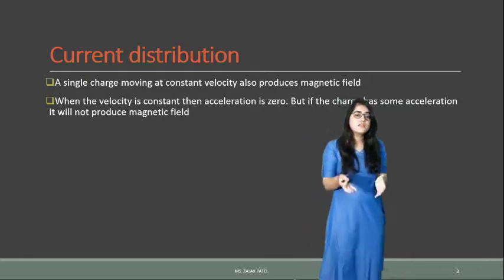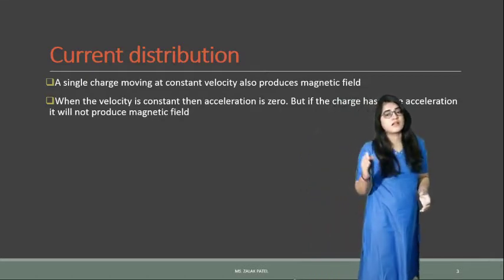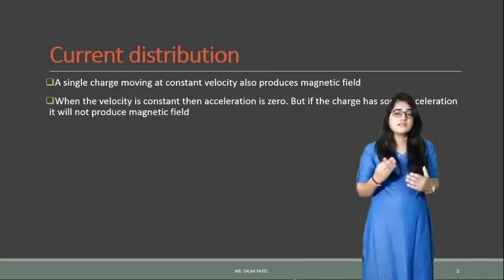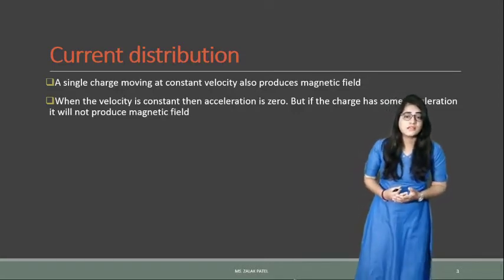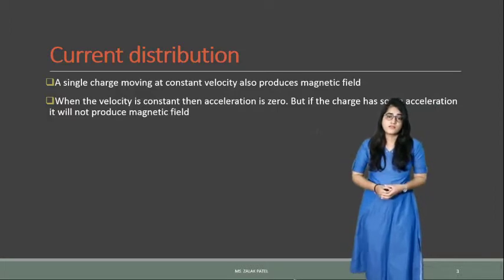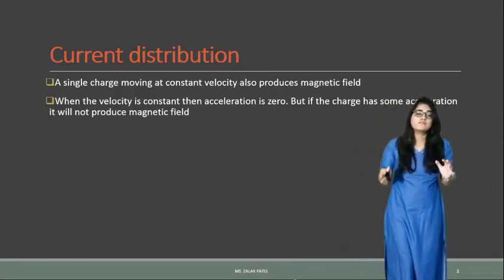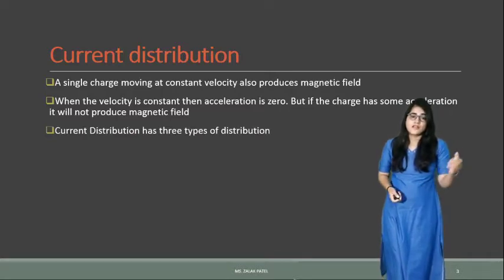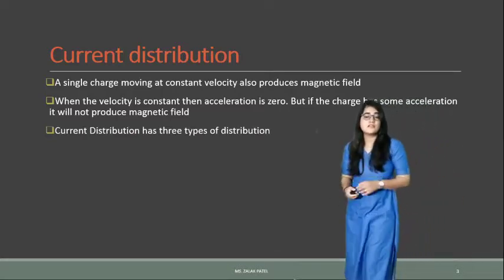If velocity is constant, the change in velocity is zero, so acceleration will become zero. But still the charge will produce the magnetic field. That's why current distribution has different types.